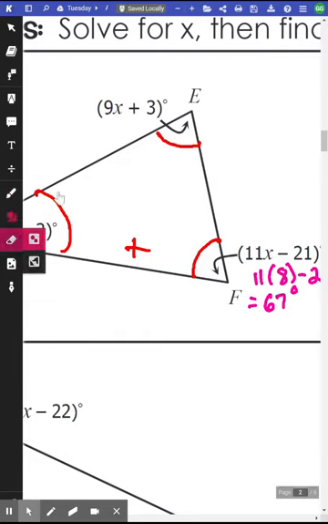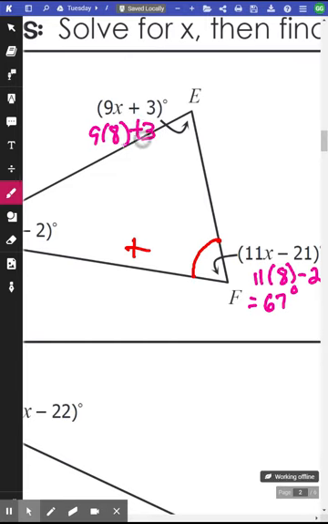We move on to angle E. That's 9 times 8 plus 3. So angle E is equal to 75.